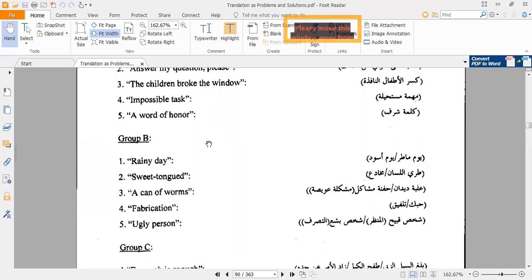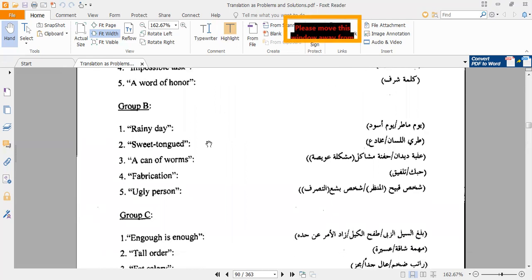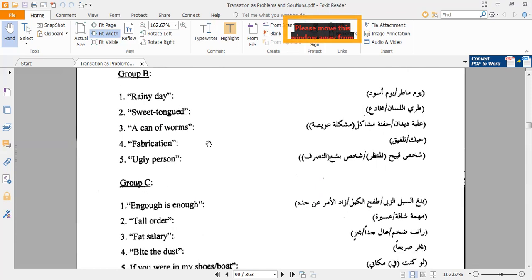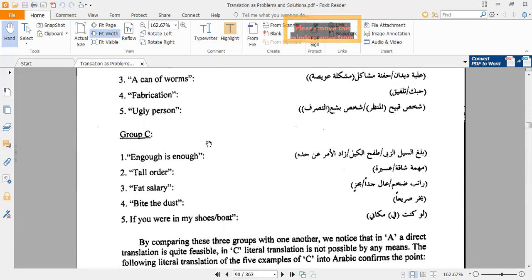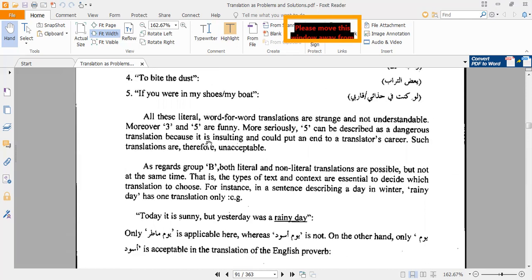One of them is semantic while the other one is communicative, that is, literal versus sense for sense translation. As for group C, the last group, it only includes sentences that require one strategy, which is sense for sense translation.